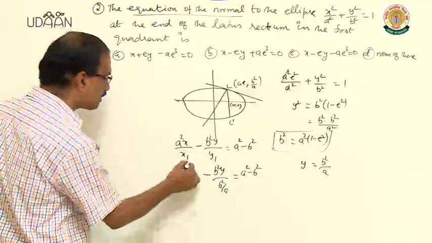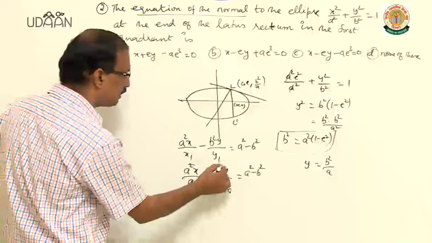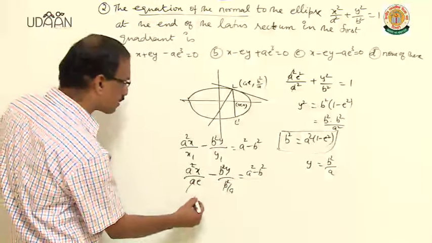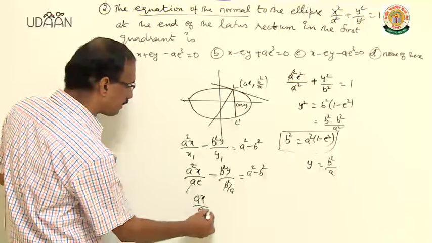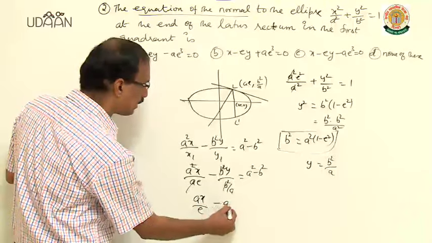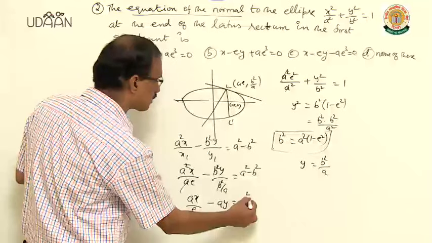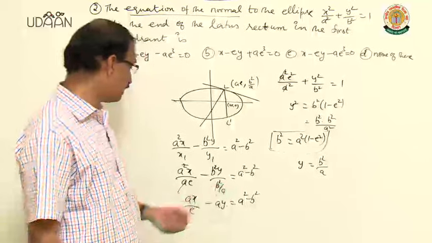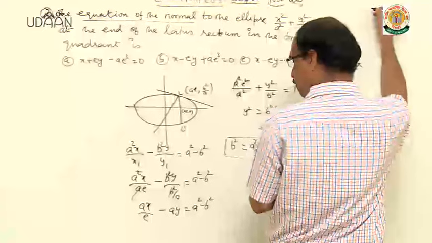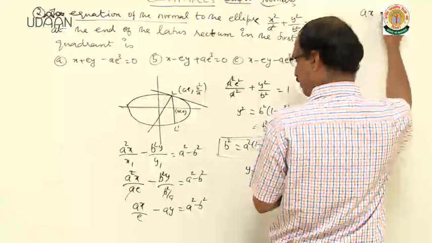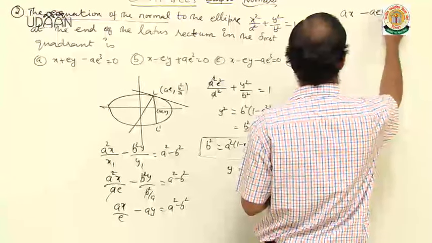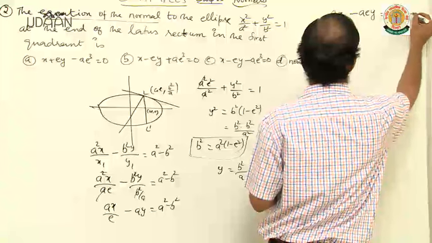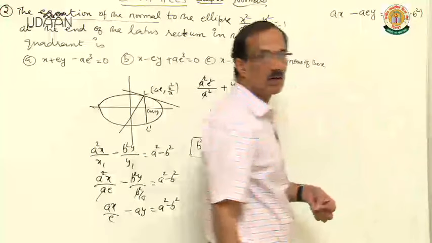Now from this one a gets cancelled. Similarly here b square gets cancelled and this a goes up. So the equation becomes ax upon e minus ay equals a square minus b square. Now if you take LCM, we get ax minus aey equals e into a square minus b square.